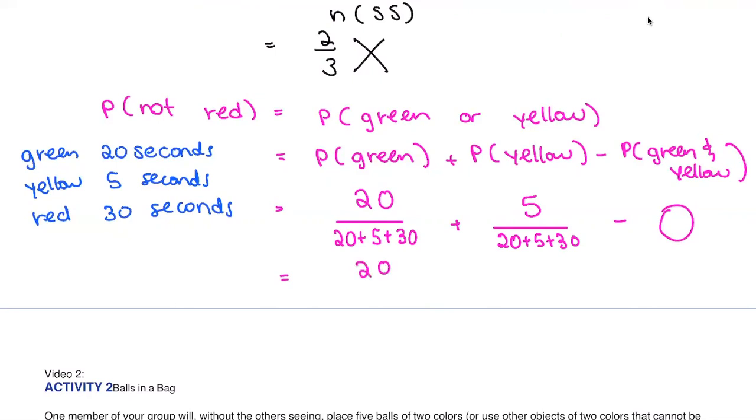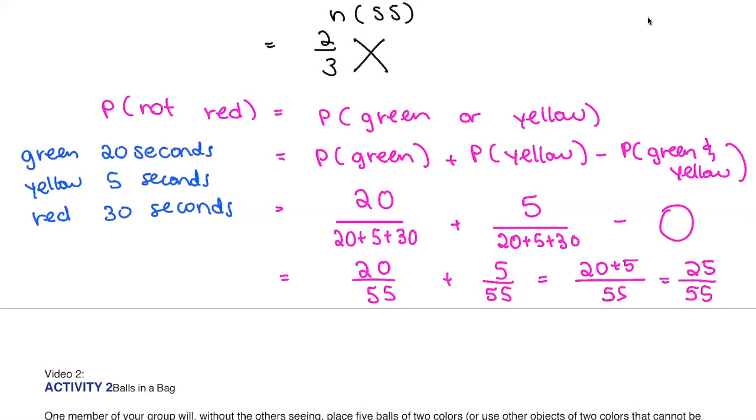So we'll get 20 over 55 plus 5 over 55. And we don't need that minus 0 anymore because it's impossible to get the probability of yellow and green. So it's just 0. It's gone away. So now that we have this, we're going to get 20 plus 5 divided by 55 is 25 55ths. And that's the probability of not red.